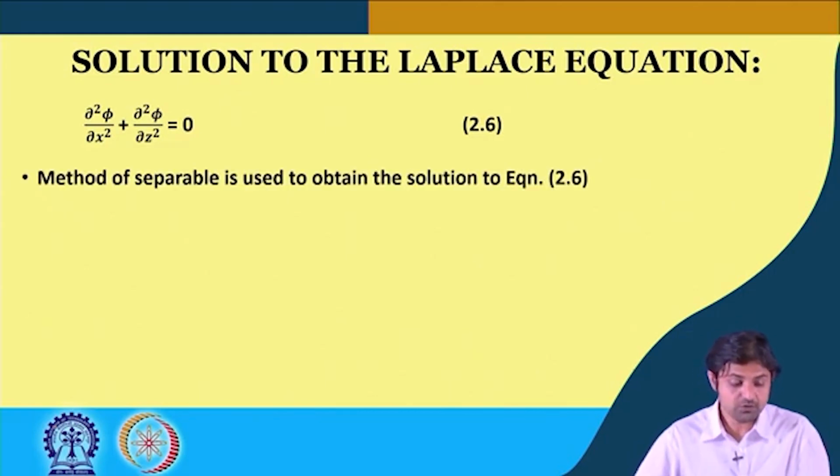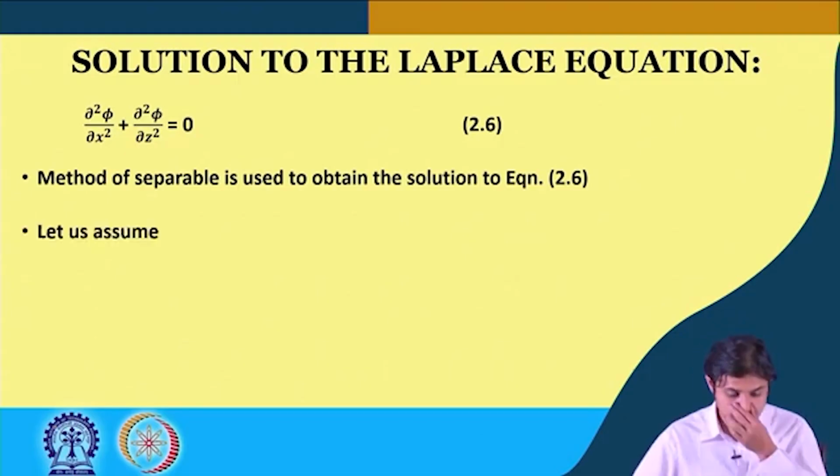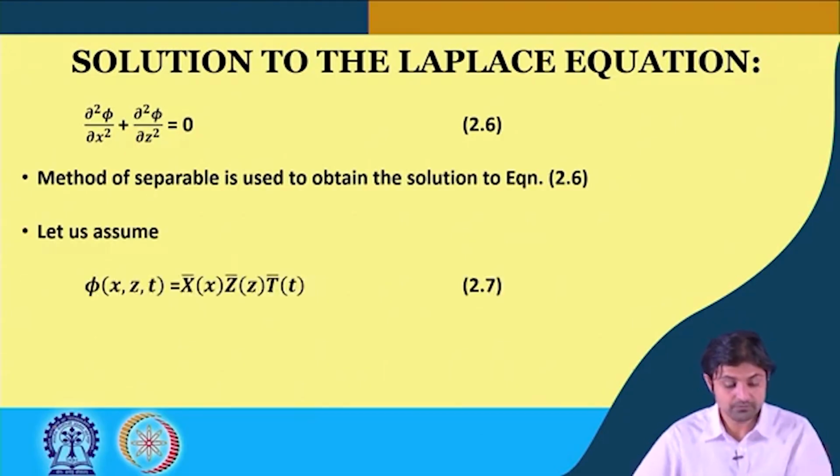To obtain the solution, a very simple method of separation of variables is used, which is equation 2.6. Now, let us assume the method of separable, phi of x, z, t can be written as X bar as a function of x, Z bar as z, T bar as t.